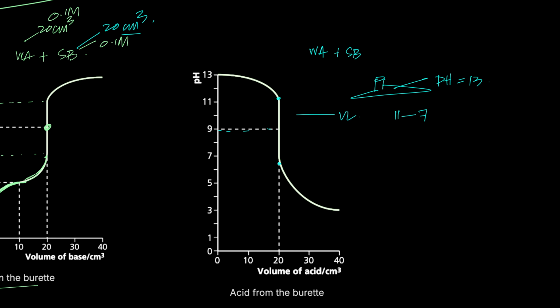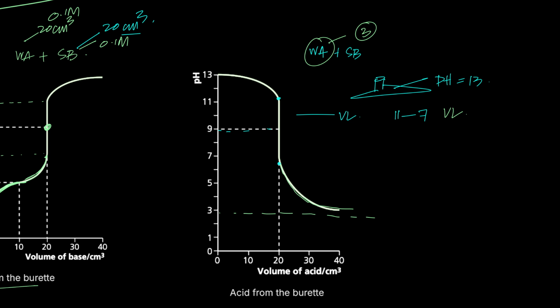I'm trying my level best to make it as easy as possible. So 11 to 7 is the vertical line for you, and then from 7 you start to have a gradual decrease, because weak acid has a pH of about 3. So it should flatten off right before 3. Done.